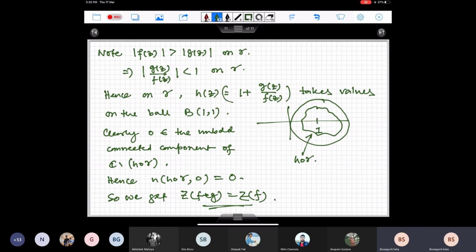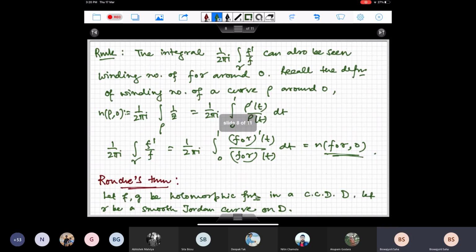This is precisely used in the proof of Rouché's theorem, which is a very powerful tool to understand the number of zeros of certain functions.